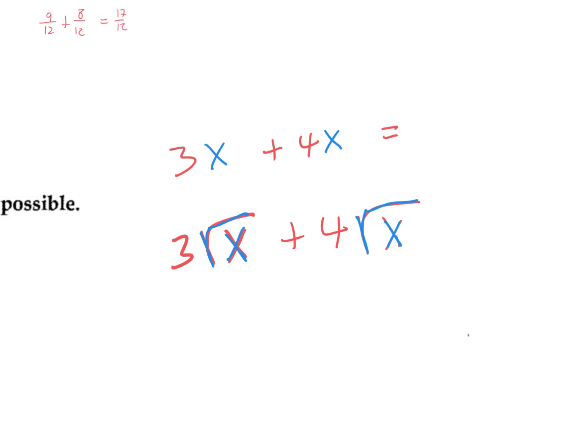I mean, that's what this would become. It would become 7x, right? Notice how we kind of left the x alone, and we just added the coefficients. Well, it's the same with this. So it would be 7 radical x.